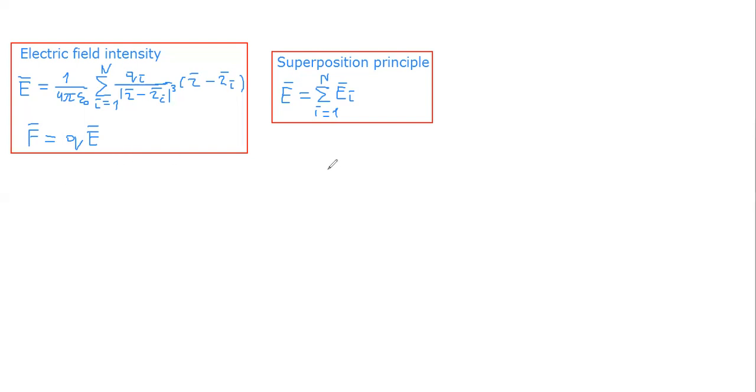Electric potential can be written as potential energy W of electric charge Q in the electrostatic field, divided by the charge Q, and it is equal to the electrostatic potential.